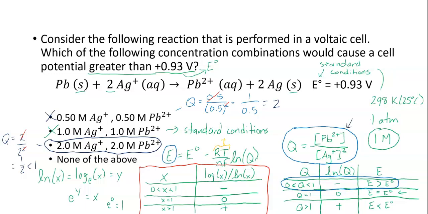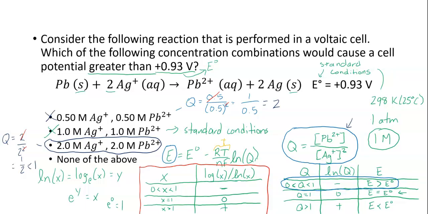And so they do cancel out if q is 1, because 1 to the first power is the same as 1 to the second power, but other numbers to the first power are not the same as when they're raised to the second power. And so it really depends on the specific reaction in the specific q expression.